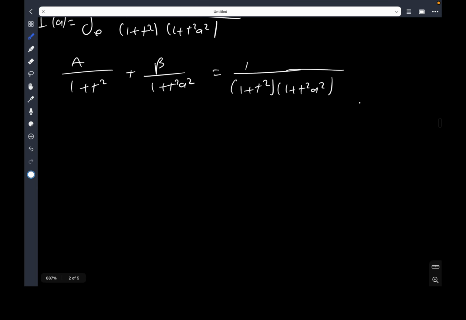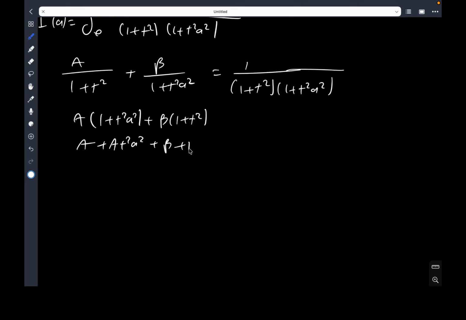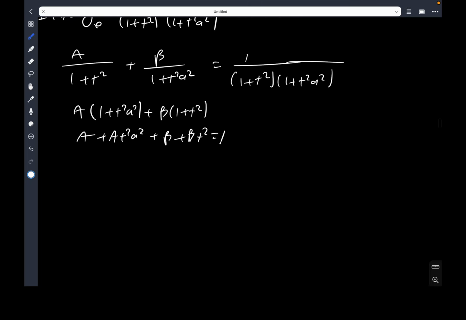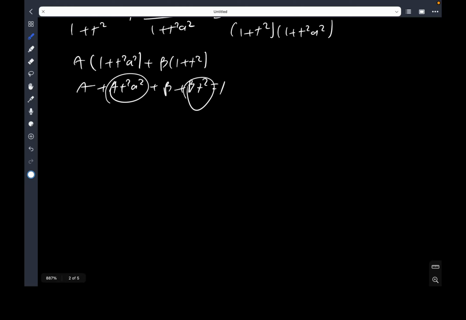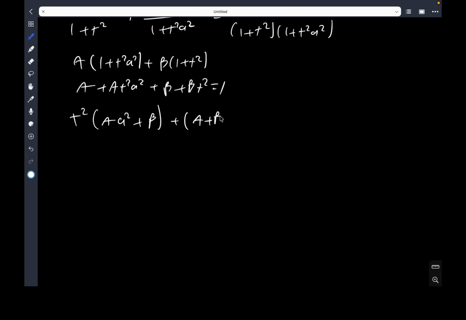If I try to solve for A and B, I get A times (1 plus t squared a squared) plus B times (1 plus t squared) equals 1, which is A plus A t squared a squared plus B plus B t squared equals 1. If I factor out the t squared, it's t squared times (A a squared plus B) plus A plus B equals 1.